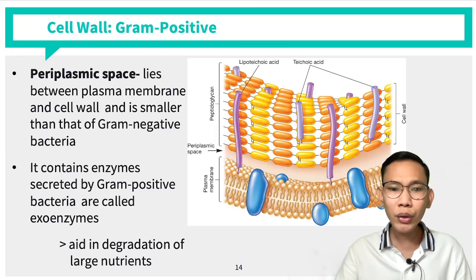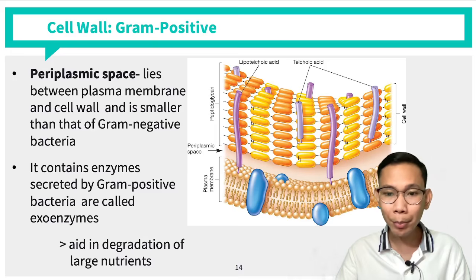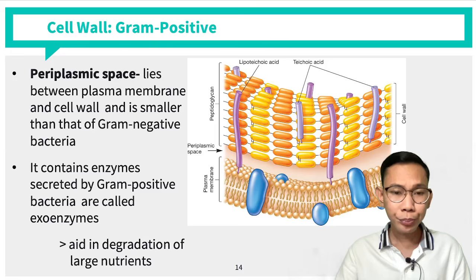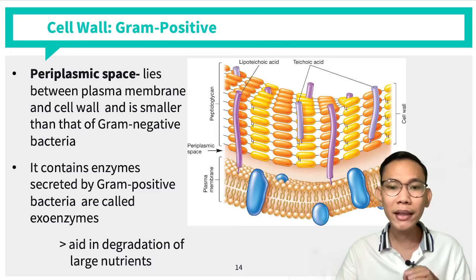And also, as you can see, there is a periplasmic space. It lies between your plasma membrane and your cell wall. It's actually smaller than that of your gram-negative bacteria. So, mas maliit ang periplasmic space ng ating gram-positive compared to the gram-negative bacteria.